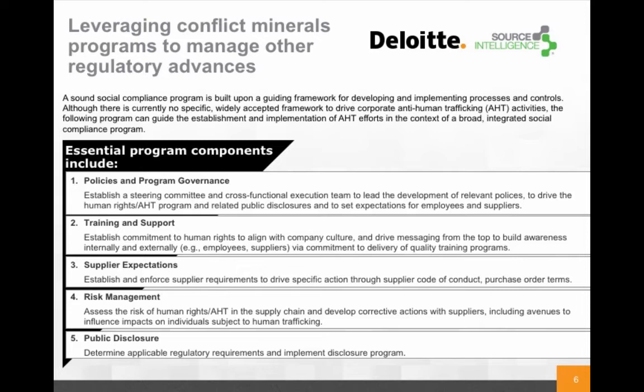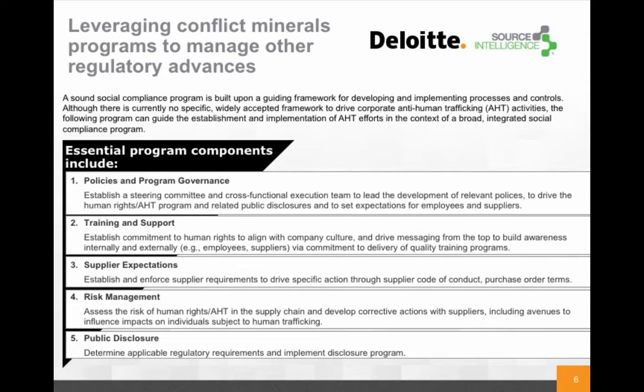We believe that the following program components can guide the establishment and implementation of a systematic and disciplined anti-human trafficking program in the context of broader integrated social compliance programs.